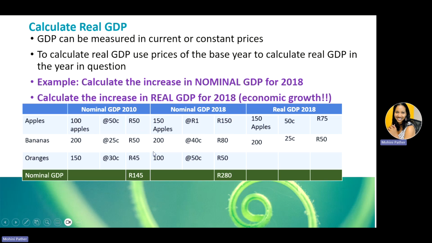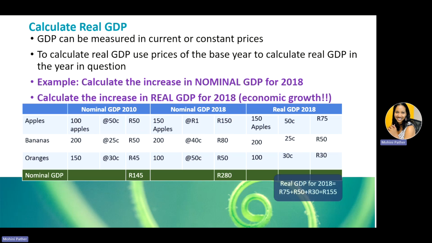So at our current production capacity of 100 oranges, but using 2010's prices at 30 cents, how much is this industry now currently worth? 30 rand. We've actually had a depression of this entire industry because they've contracted by 15 rand, by 30%.